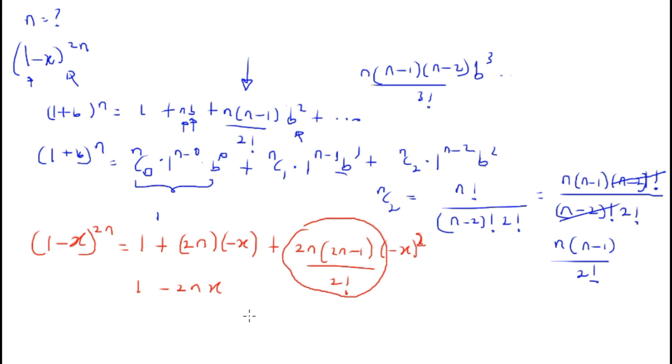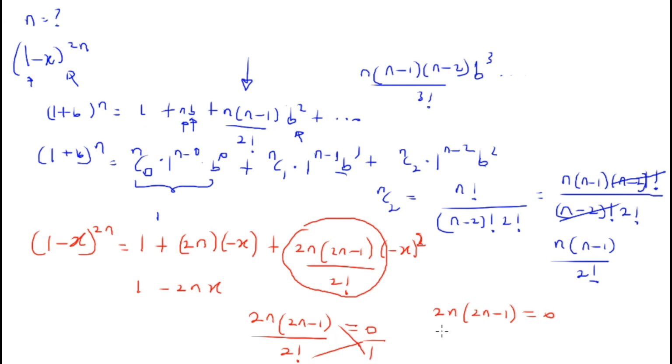So if I have 2n(2n-1)/2 factorial equal to 0, by the question, we are looking for the value of n in which the coefficient of the third term is equal to 0. If I cross multiply, I'll have 2n(2n-1) equal to 0, because 2 factorial will multiply 0 and this will multiply 1.